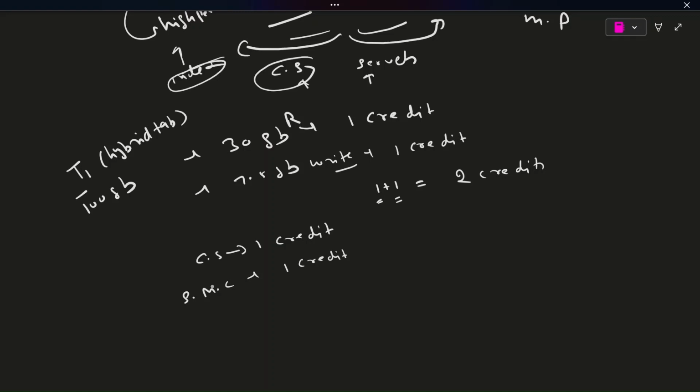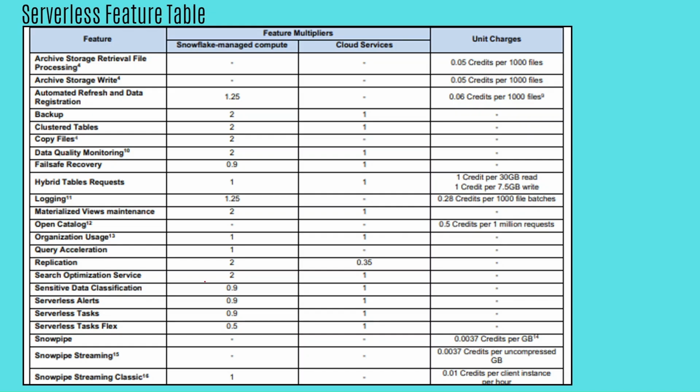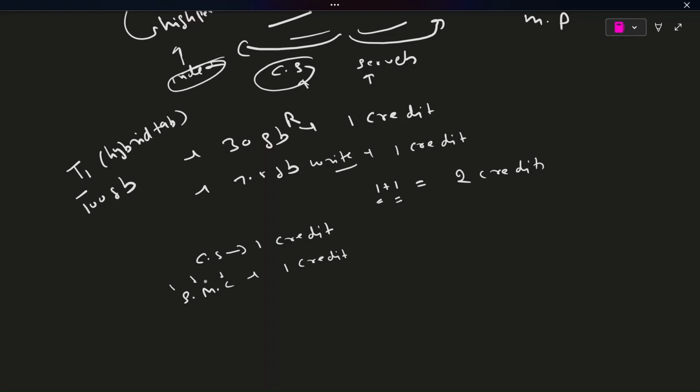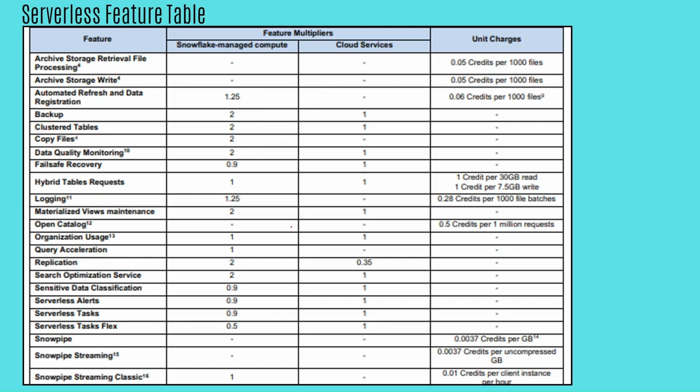So let's say my cloud service runs for, let's say, 1 hour, 2 hours, 3 hours, and it consumed one credit. And same for Snowflake managed compute, internally it consumed one credit. So what is this 1 and 1?